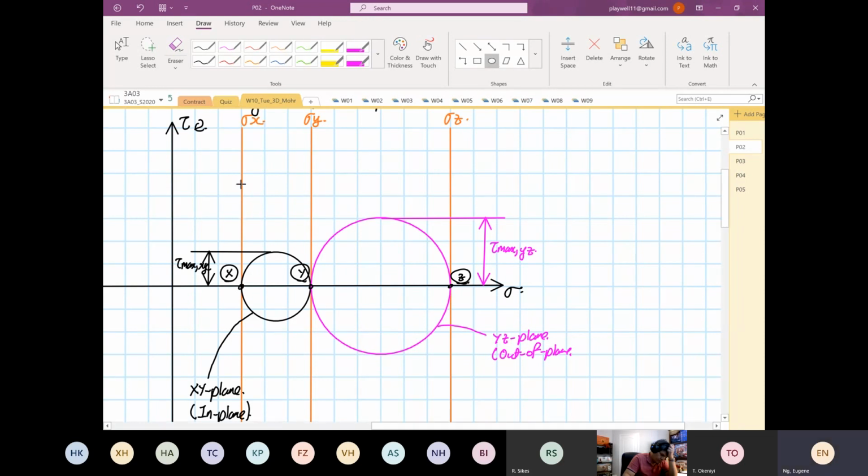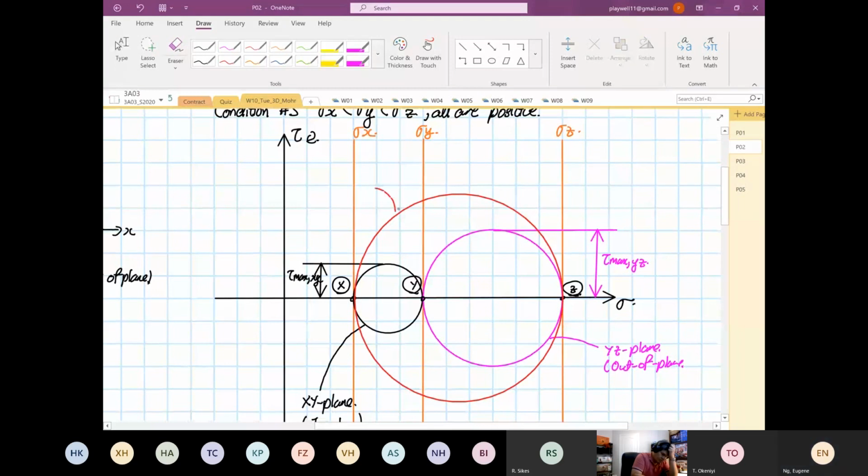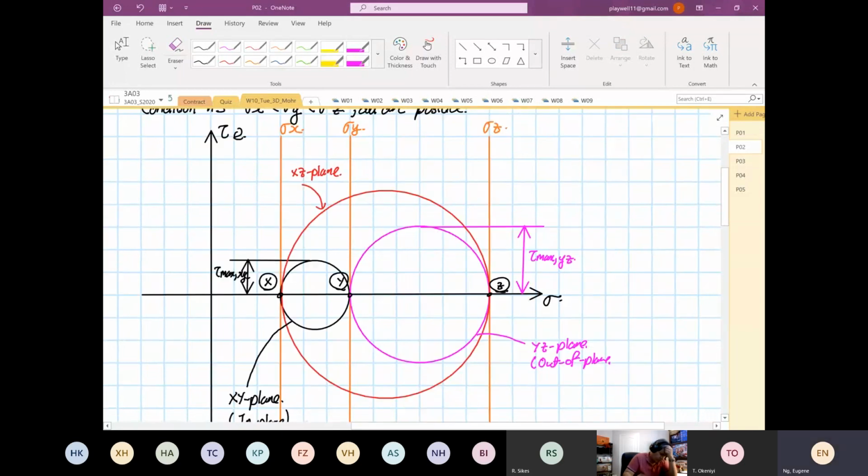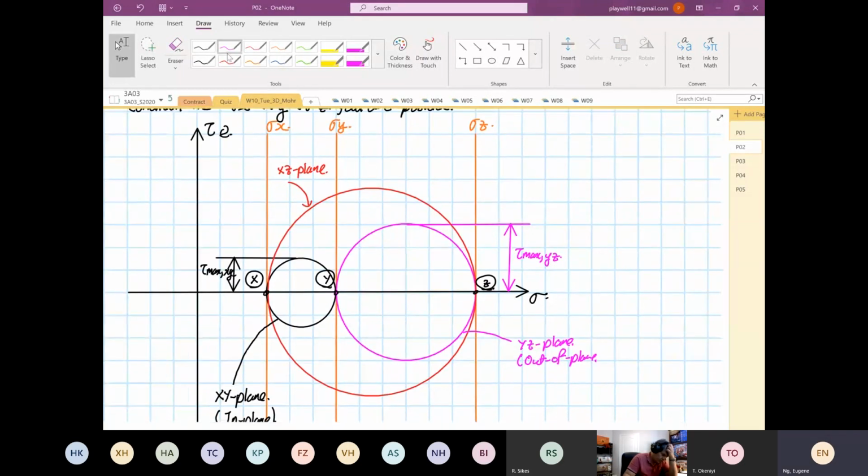Okay, so you construct more circle now. And this happens to the bigger circle. So for this circle, this belongs to your XZ plane. Okay, XZ plane. And this happened to your tau max.